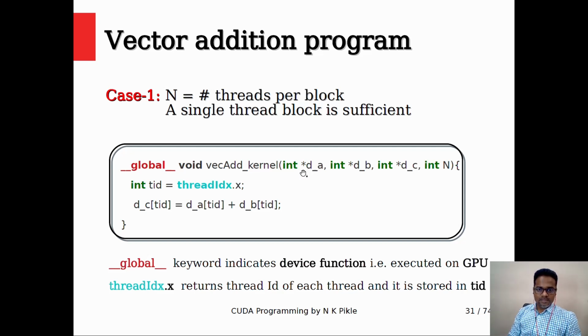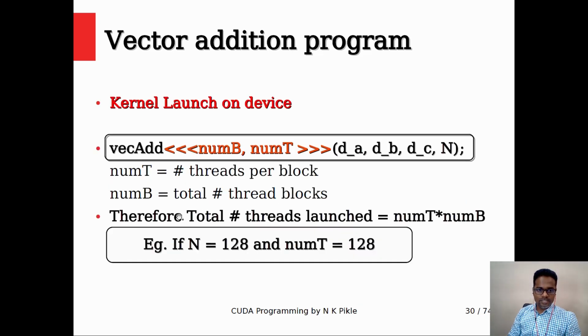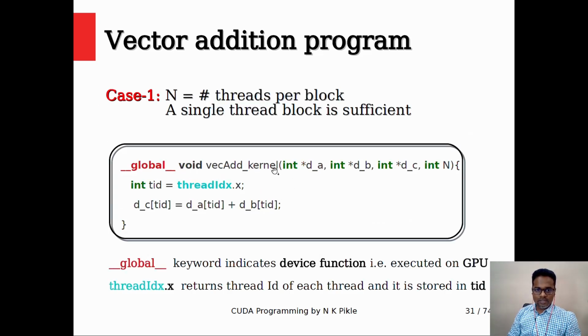Now here I'm accepting these parameters d_a, d_b and d_c. Inside this particular function, if I mention this configuration while launching the kernel, one block and 128 threads per block, then at this particular point I'll have one block and 128 threads in that block.